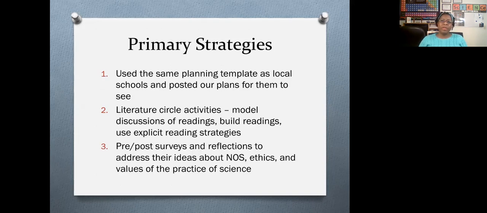We also use very explicit reading strategies, again, with the rationale of helping teachers to learn to implement strategies to build literacy in their classrooms. We also use pre and post surveys and student reflections to address their ideas about the nature of science, ethics, and values related to the practice of science.